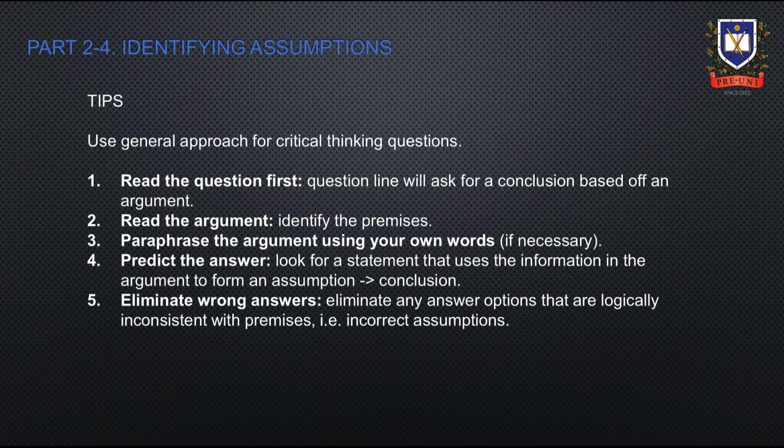The third step is to paraphrase the argument using your own words, if necessary. The fourth step is to predict the answer by looking for the answer option that correctly uses assumptions based off the argument to form a conclusion. The last step is to eliminate wrong answers, which can be done by eliminating all options that are logically inconsistent with the premises, typically assuming incorrectly.